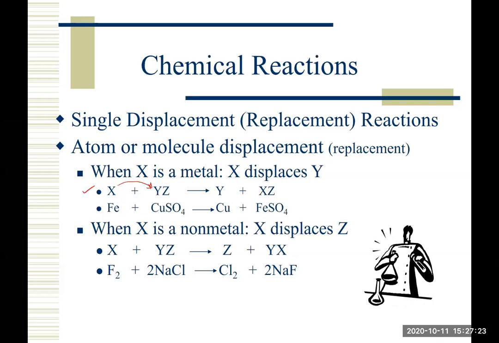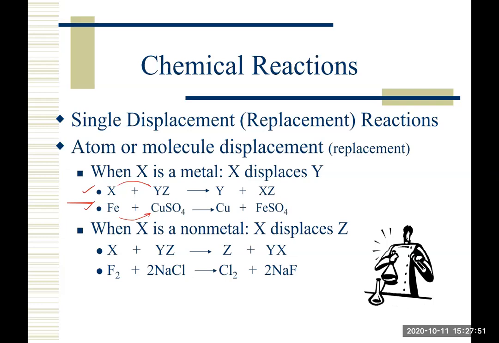In the products, you see Y is now by itself, and we have a compound formed, XZ. In the real reaction, we see that iron is reacting with copper sulfate. Iron will then displace the copper in the copper sulfate, and in the products you can see we have copper by itself now, and we formed a new compound, iron sulfate.